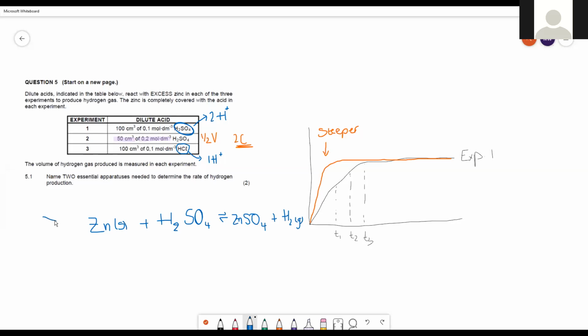So that's experiment 1. Okay, for experiment 3, you still have zinc, but you now have hydrochloric acid.